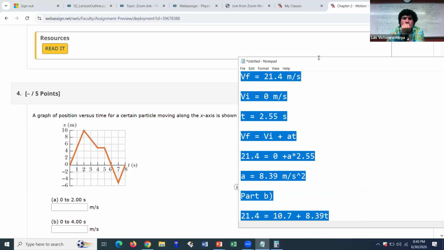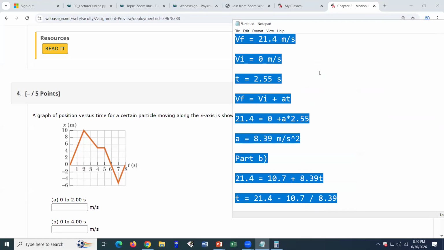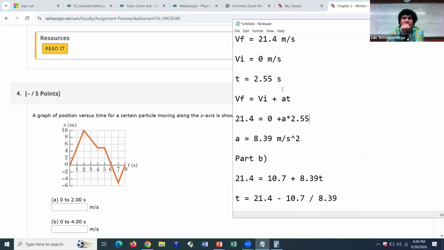Better like that? Yeah, I can see it now. That's part A. Part B. So use the same equation, use this equation.